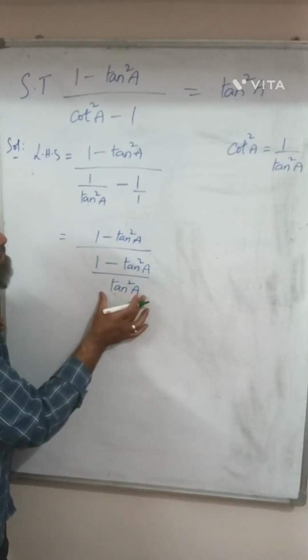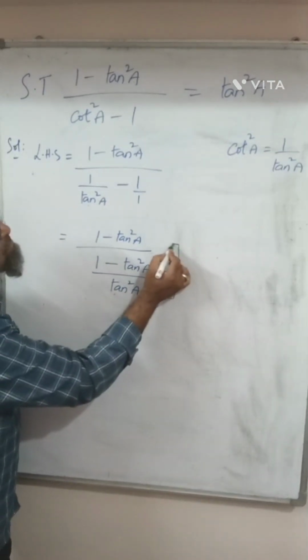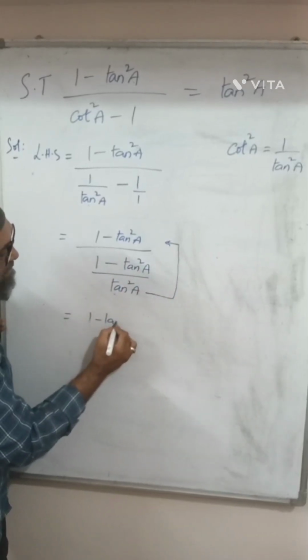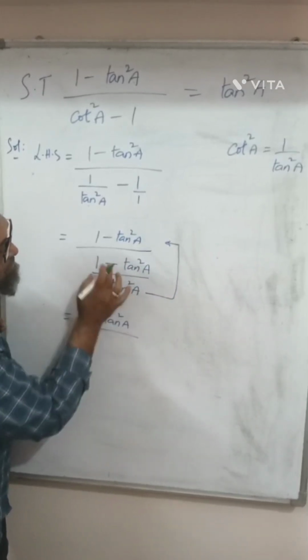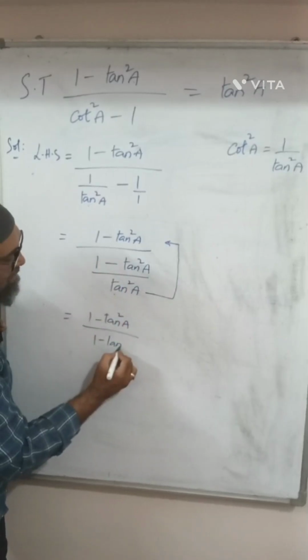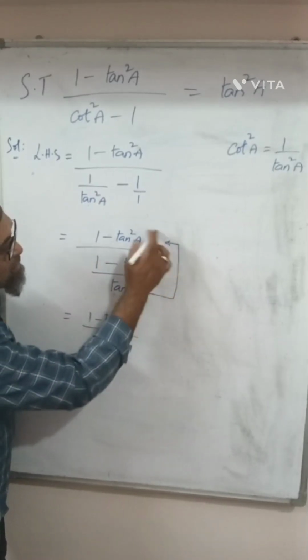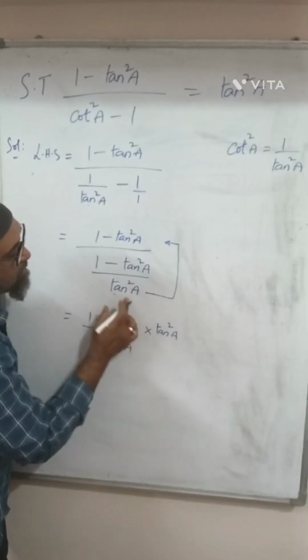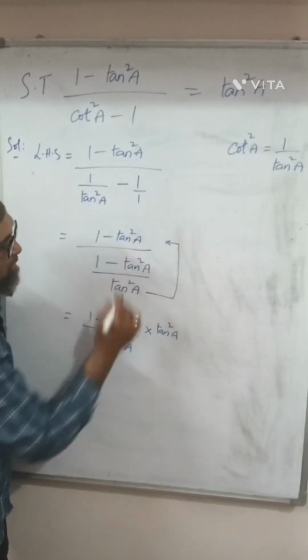Now what will happen here is this tan square A will come to this place in the next step. How? 1 minus tan square A divided by 1 minus tan square A. This tan square A I can multiply here. This will become the reciprocal.